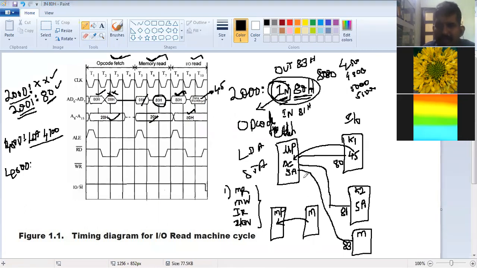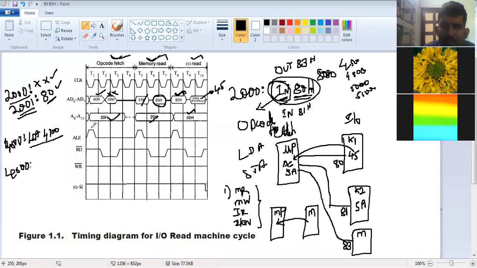Kannan, did you understand this? Okay. And one more thing, if you are not going to use the write operation, you need not draw this straight line, or else if you like to draw, you can draw. That's not an issue. Here I'm not going to use any input output write operation, so I'm not going to worry about this write operation.